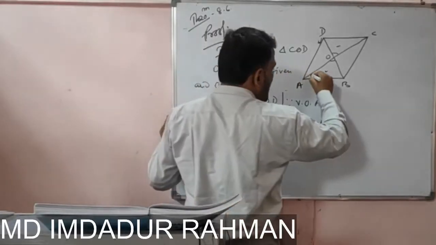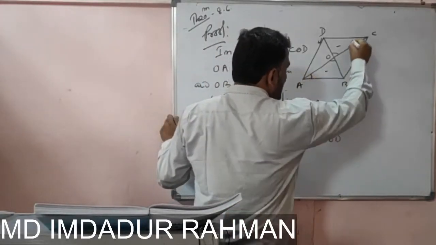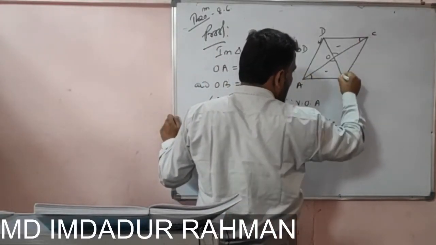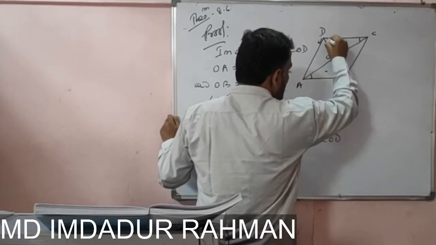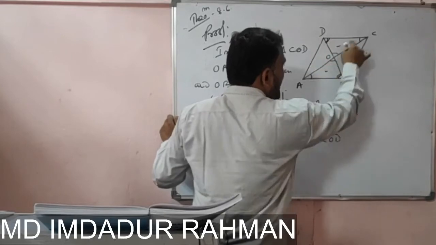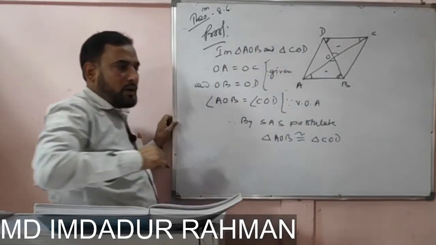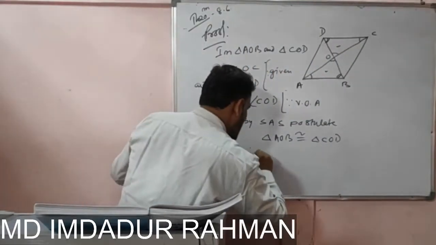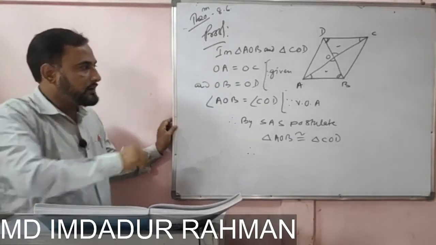So we can say that this angle is equal to this angle and this angle is equal to this angle. I have given a single mark here and a double mark here. Therefore, what can we write?